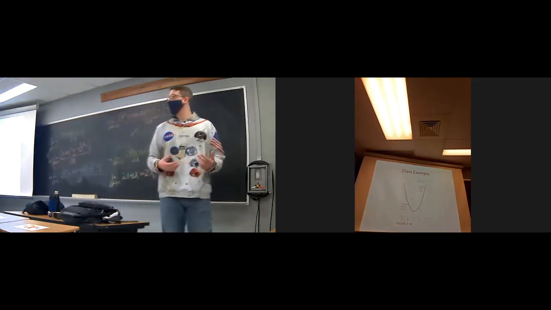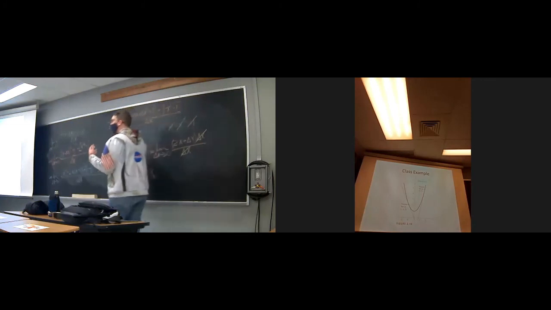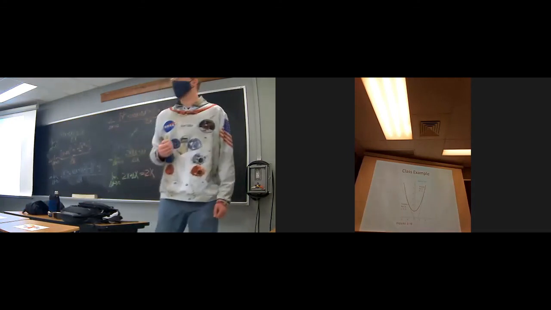Inside of this small little neighborhood, our tangent line looks a lot like our function. What we mean when we say that this is the slope of your graph is that it's really the slope of your tangent line, but your tangent line is so similar to your graph immediately around this point that we just go ahead and say, yeah, it's the slope of the graph there too. Make sense?